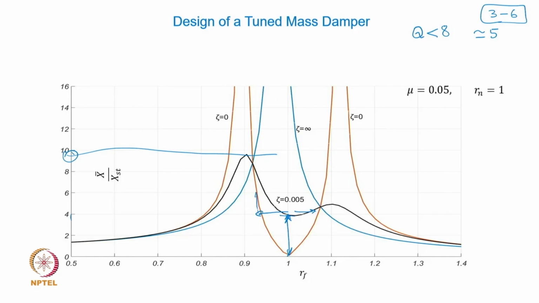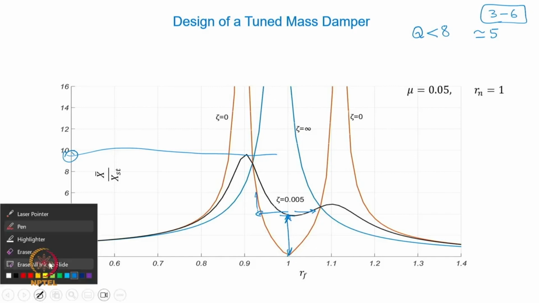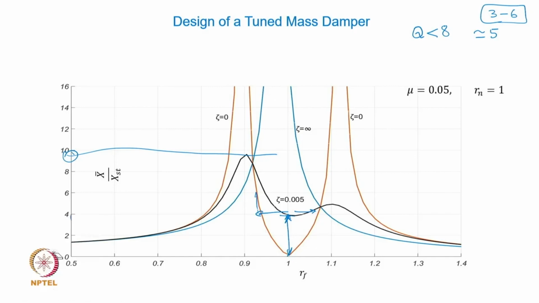So in that sense, even if you are not actually getting zero response at your operating speed, because it is not such a big hassle to have non-zero but limited vibration response, I think it is a good job done.